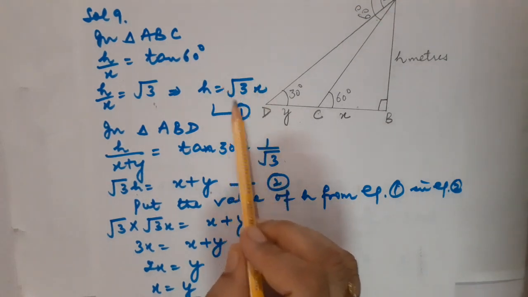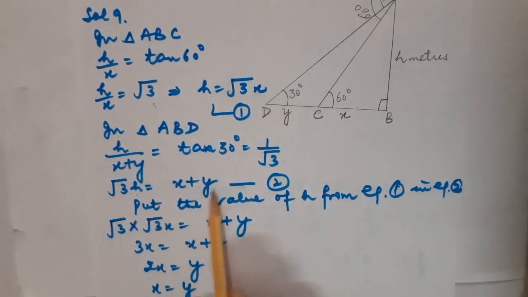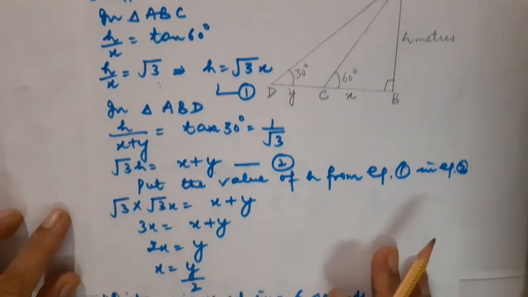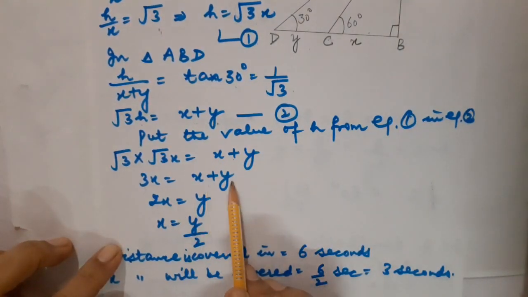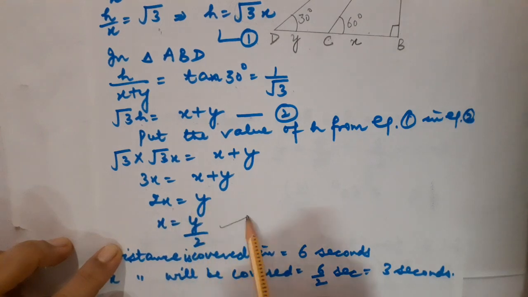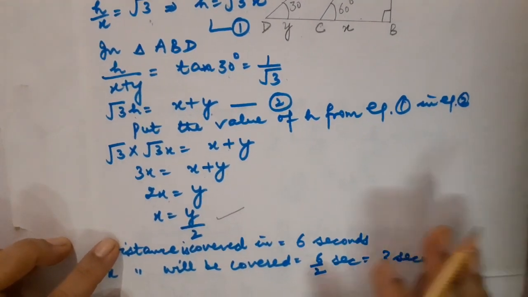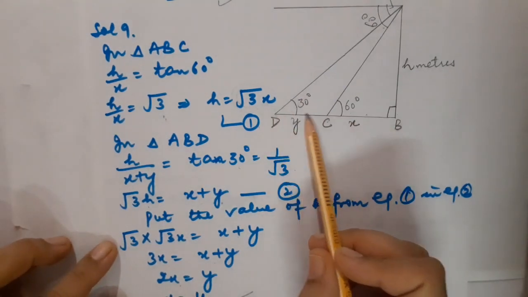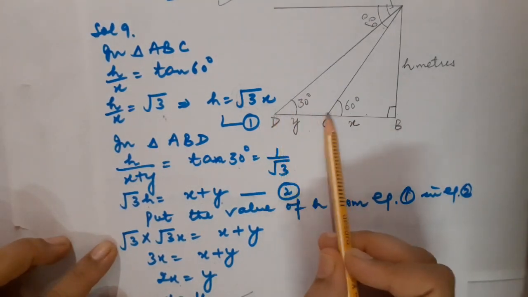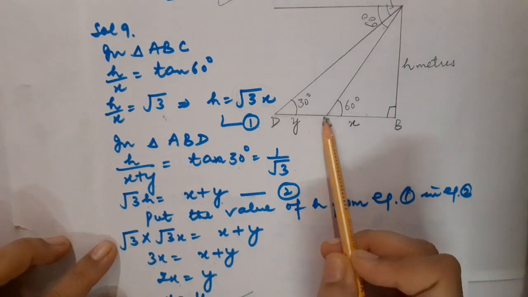Put the value of h from equation number 1 in equation 2. So after simplifying, I have got 3x is equal to x plus y, 2x is equal to y. So x is equal to y by 2. Children, have a look at the diagram. When the car moved and covered y distance, it took 6 seconds.